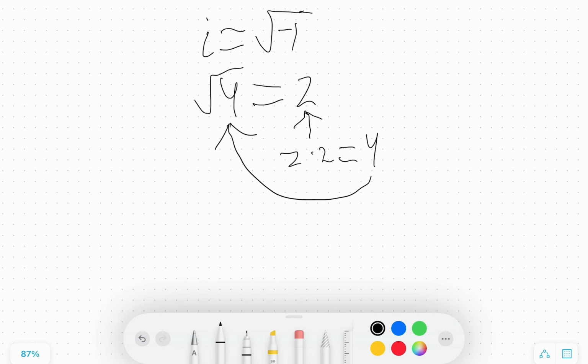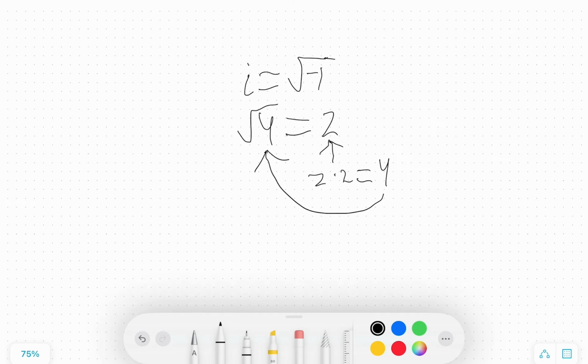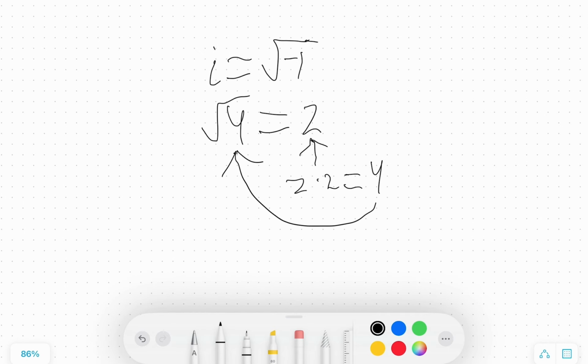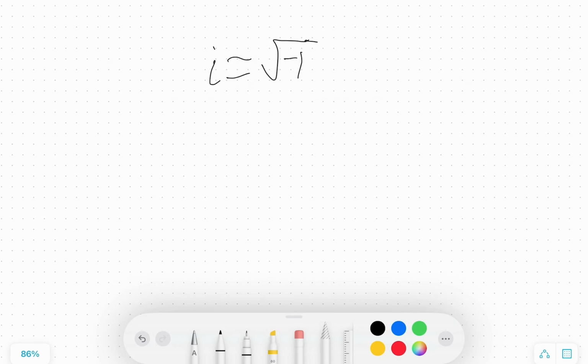A negative number times a negative number is a positive number, and a positive times a positive is a positive. So we have no numbers that are going to get us to the square root of -1. So we just call the square root of -1 i. It's just i. So if you're going to take away anything from the video, you need to know i is the square root of -1.